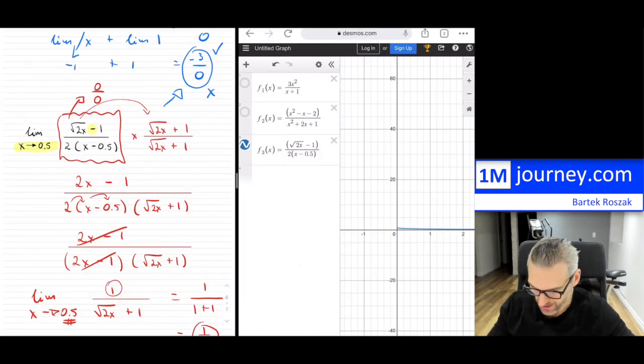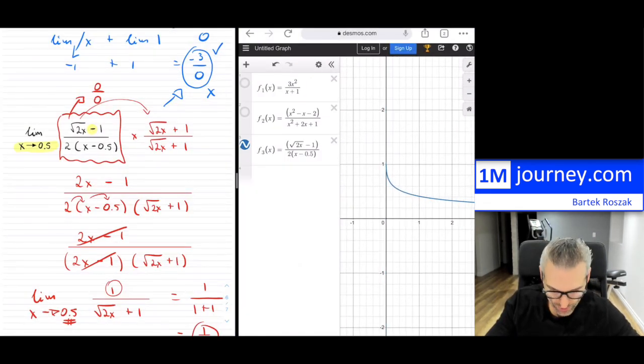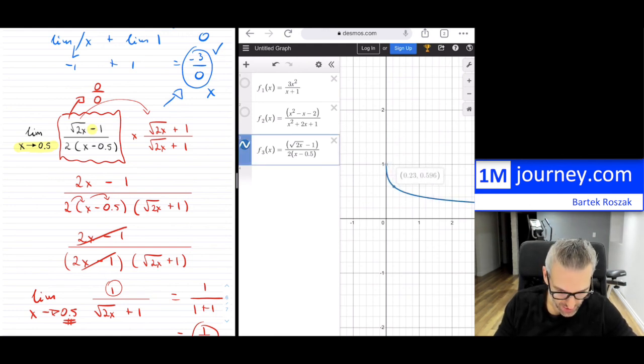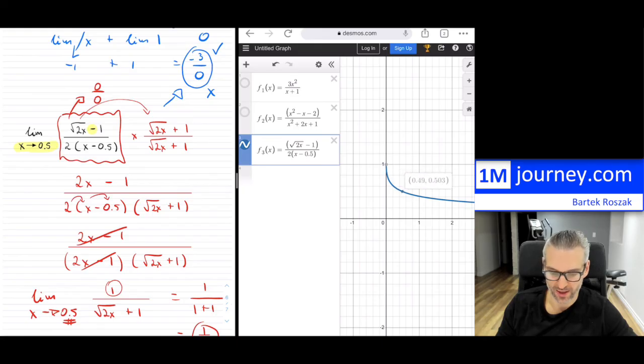Probably some mess. Now we're approaching 0.5. Notice you can't even see it on decimals. But here, as we approach 0.5, there we go. Look at this. The function is undefined there, which makes sense. That means we have a removable discontinuity, but the limit exists, and it's a half. Indeed, we're approaching a half from both the right and the left.